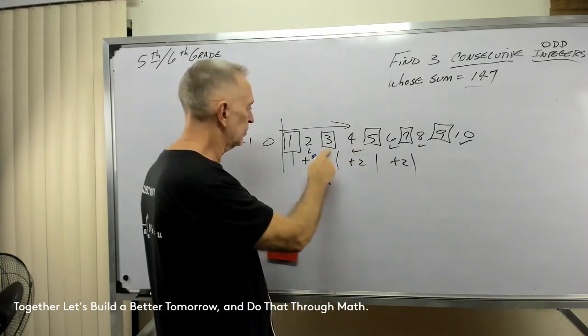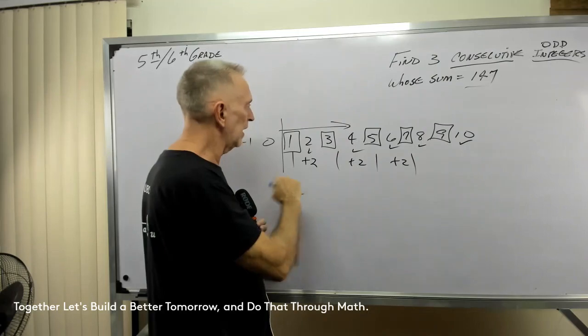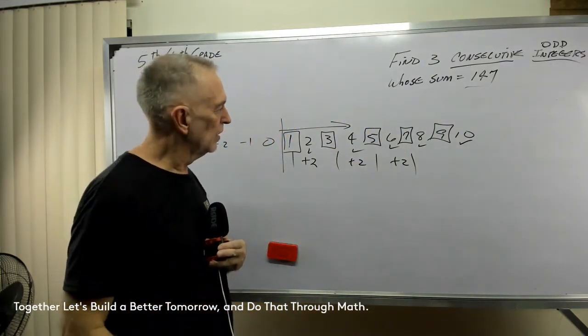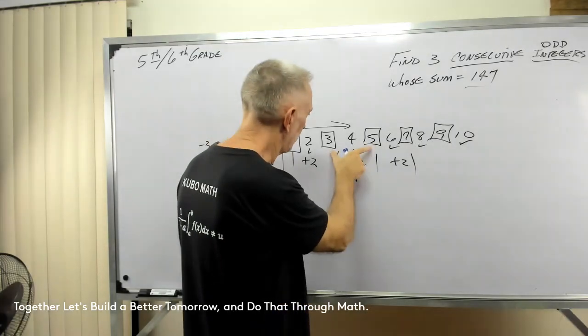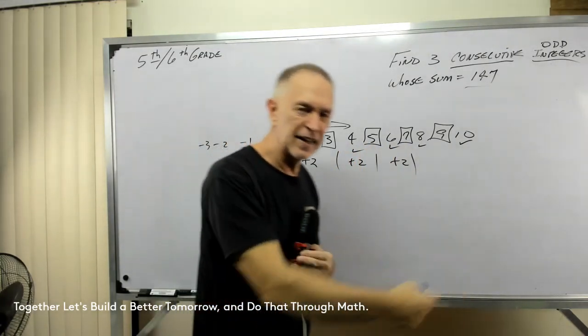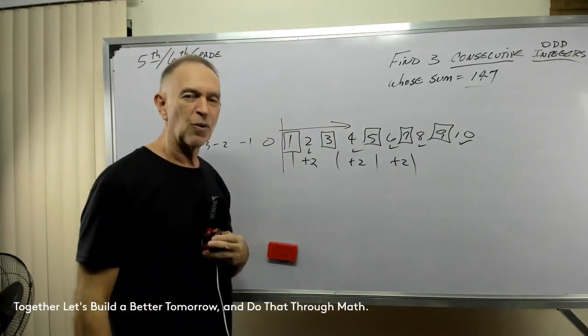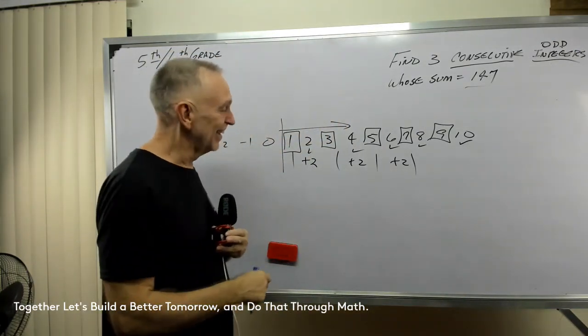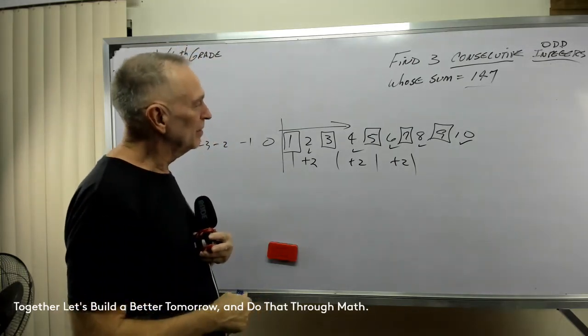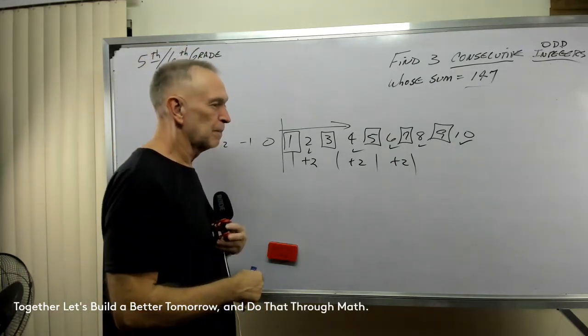So 5 plus 3 is 8 plus 1 is 9. Is that 147? No. Well, what about 3 plus 5 plus 7? So we could guess until we finally get it. That's no fun, because it will take a while. But maybe there's a different way.